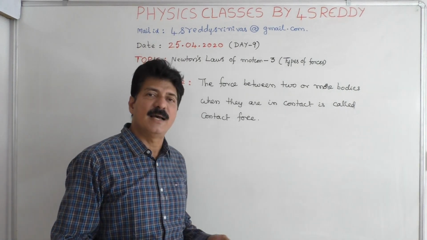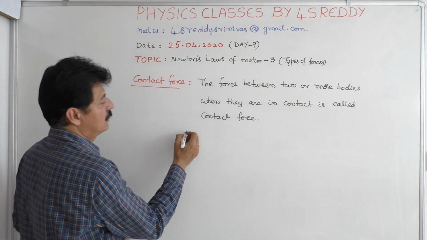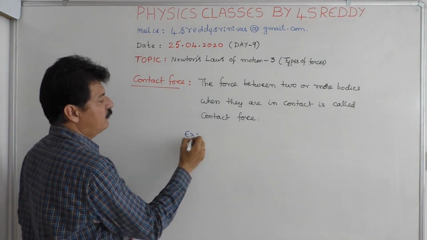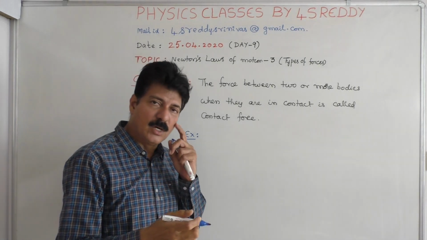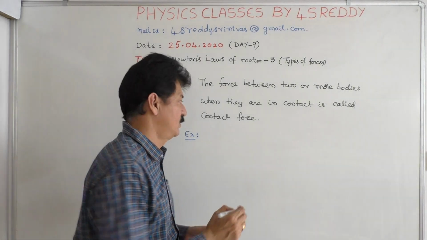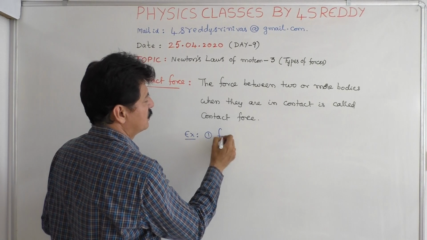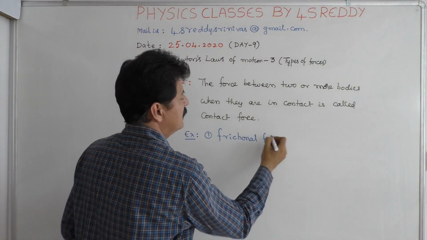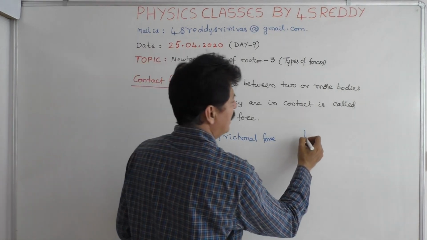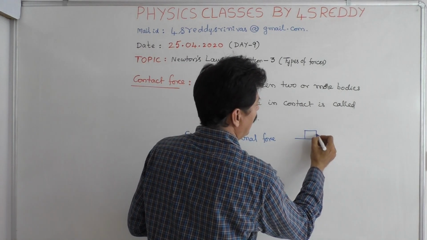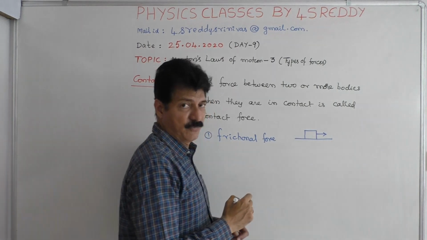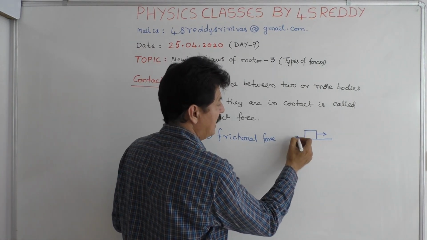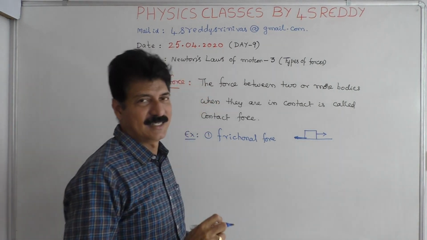So can we get examples for this contact force? Any force between two or more bodies when they are in contact. The first one is frictional force, that is the best example we can have. Frictional force means, for example, whenever a body is moving on a rough horizontal surface, the friction always acts between the surfaces in contact.